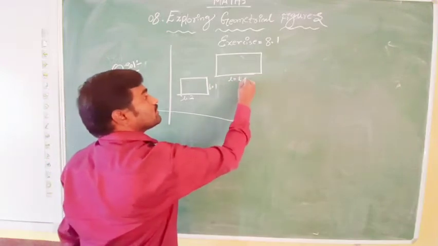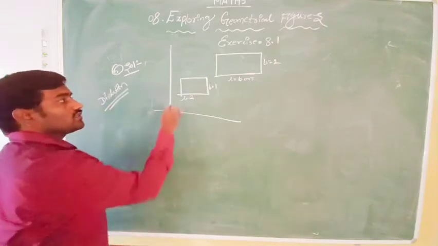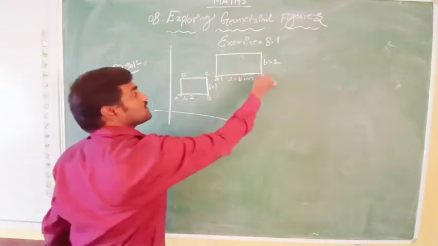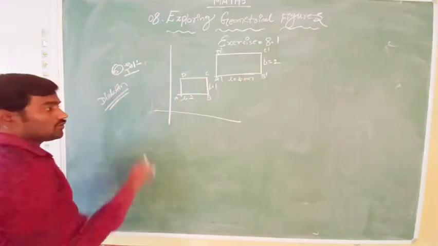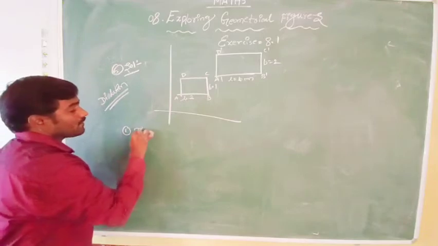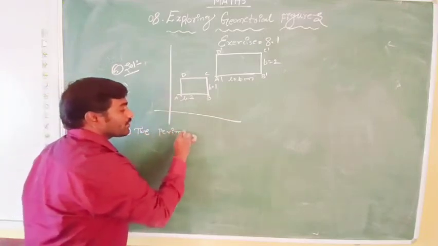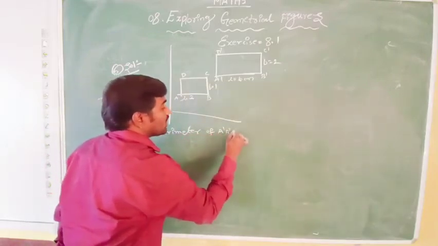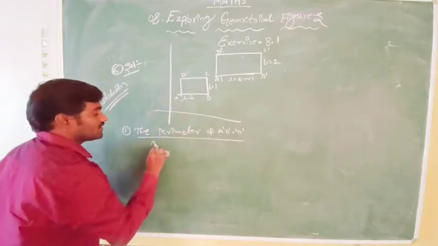Here length equal to 4 centimeters and breadth equal to 2 centimeters. This we take as A, B, C, D. This is A dash, B dash, C dash and D dash. So now we go for the solution. You have to write here the perimeter of A dash, B dash, C dash and D dash by the perimeter of A, B, C, D.